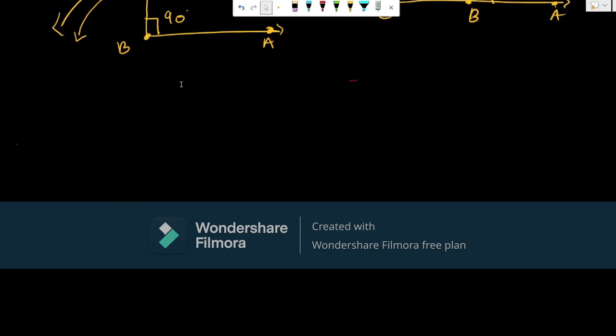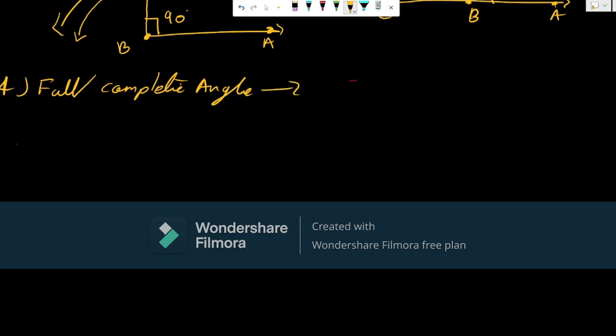Now let's see the fourth angle, that is full or complete angle. Now just now I explained to you what is a 360 degree angle, which takes a full rotation, right? This is the same thing, full or complete angle.